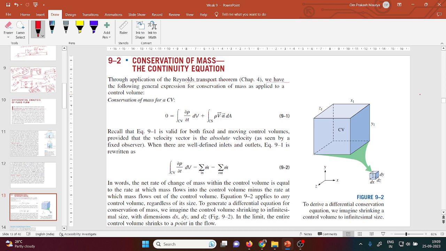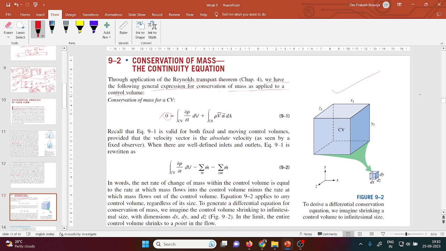We have the following general expression for the conservation of mass as applied to the control volume. If you apply conservation of mass on the control volume as per the Reynolds transport theorem, the change in mass with respect to time is 0, and you already know why it is 0.